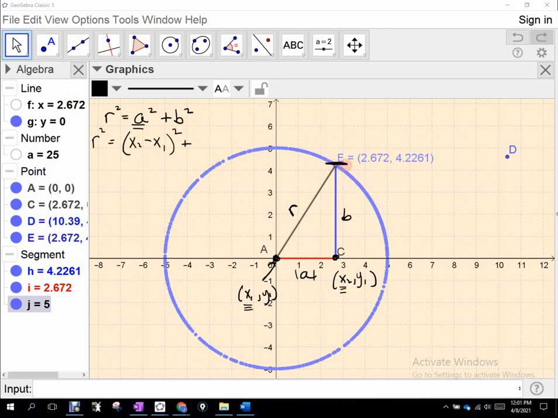Well, that b squared is now the distance between those. And if this point is x2, I might as well keep that coordinate described as x2. And now this was y1. Would you agree that this y value is different than y1? So I'm going to call it y2.